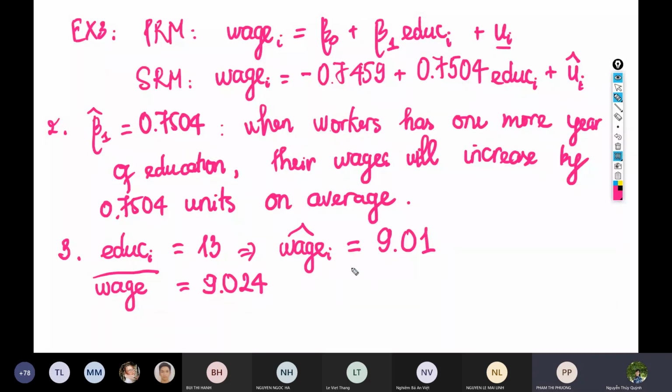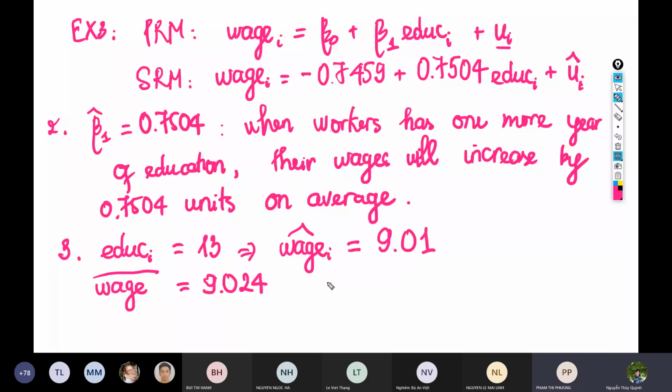So the estimated wage of a worker who has years of education equal to 13 is approximately close to the sample mean of wage.